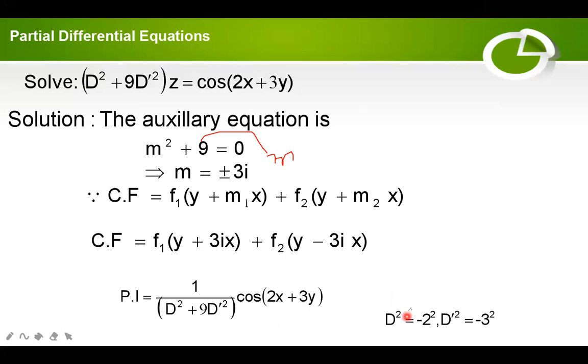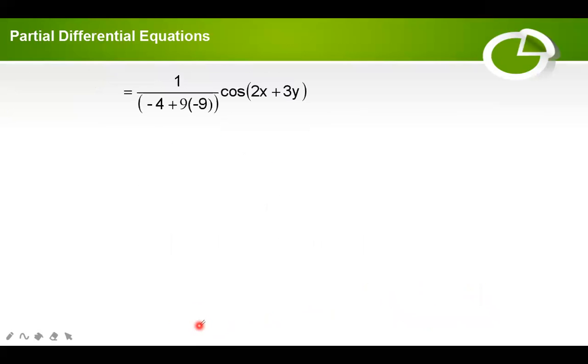D square is replaced by minus 2 square, that is minus 4, and D dash square is minus 3 square, that is minus 9. So the denominator is minus 4 minus 9 into 9, that is minus 4 minus 81, which gives minus 85. Therefore PI equals minus 1 by 85 into cos(2x plus 3y).